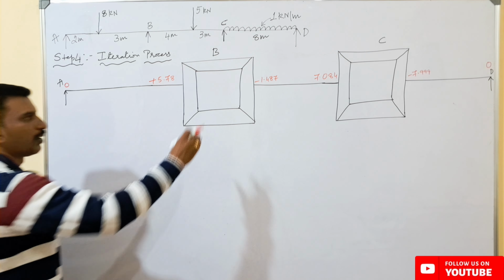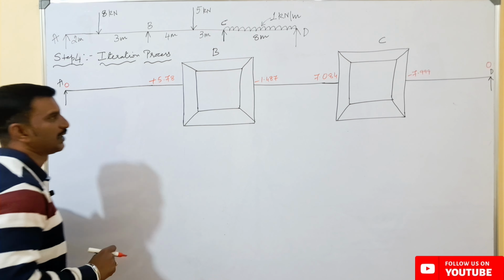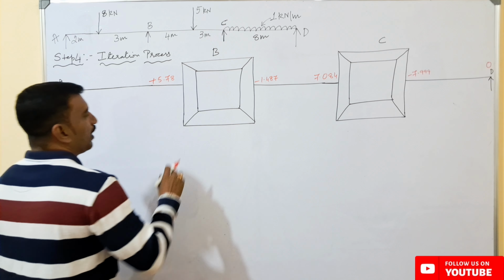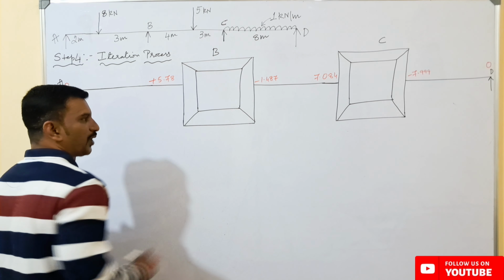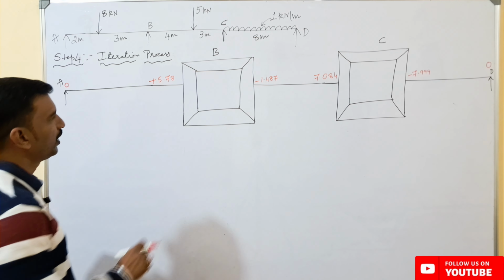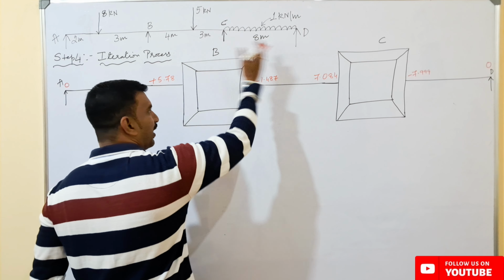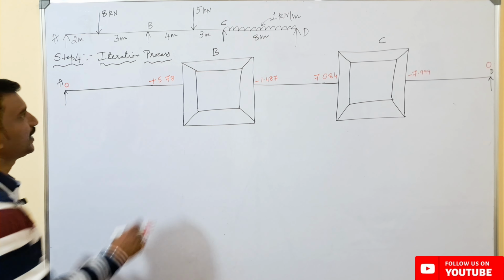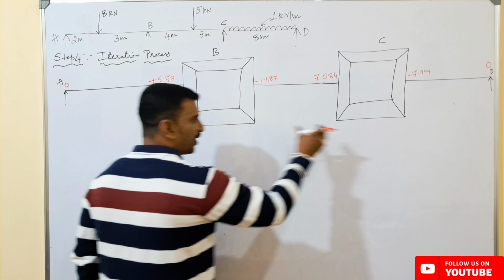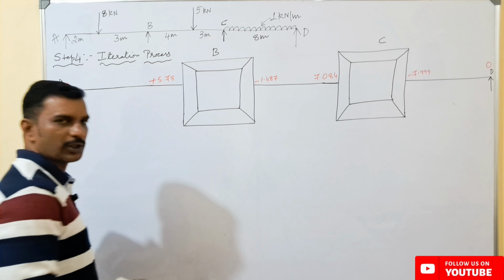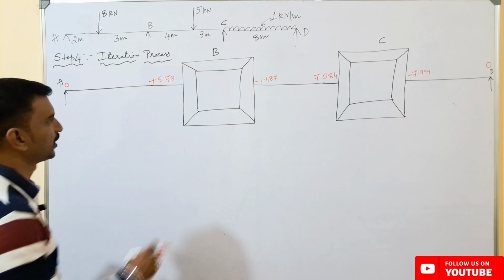So inside this box we have to consider, first of all, that the rotation contribution in Kani's method is only calculated at the intermediate supports and not at the end supports. So these intermediate supports I have replaced with boxes, which are also called Kani's boxes.